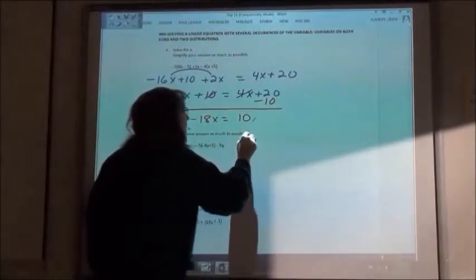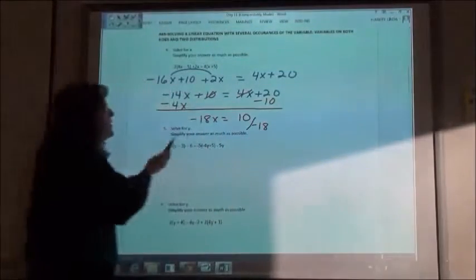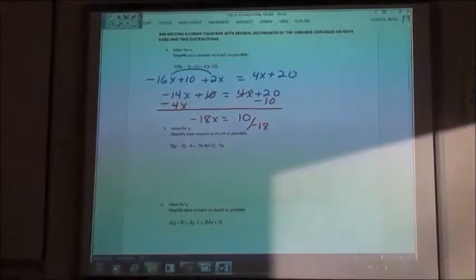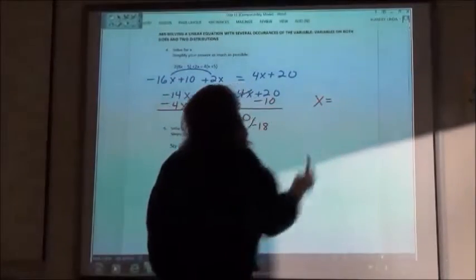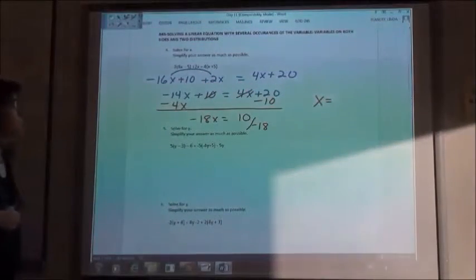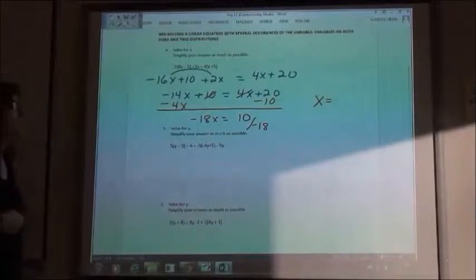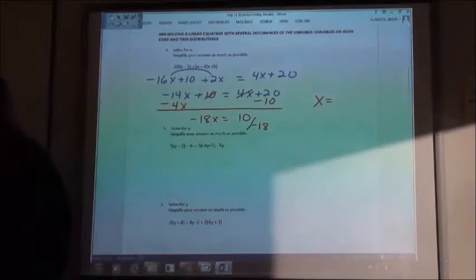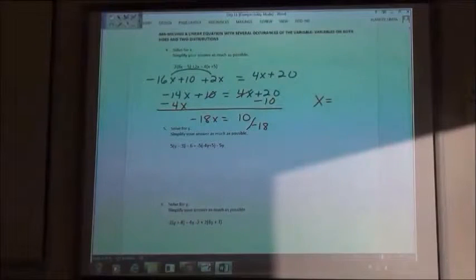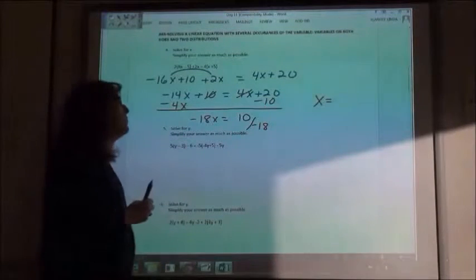And then when I divide, that doesn't come out to a nice whole number, but I have to simplify that fraction. 1.8. Change it to a fraction. We'll change it to a fraction? Yep, they're going to want fraction answers. Can I simplify that one?